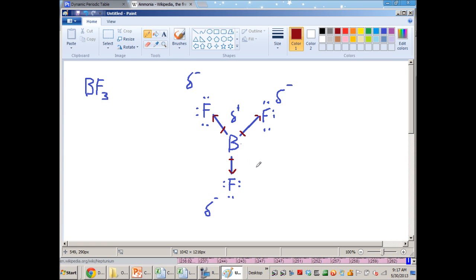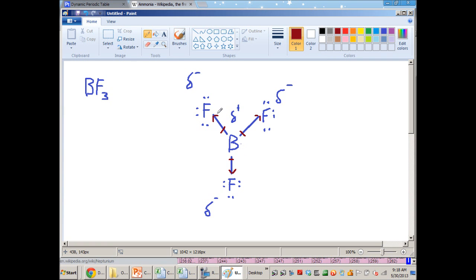Okay, so this is actually going to still be a nonpolar molecule because the geometry of this is trigonal planar. The trigonal planar geometry makes all of these bonds cancel each other out.